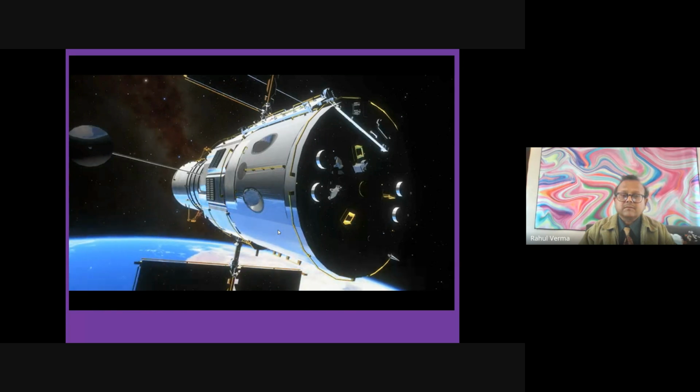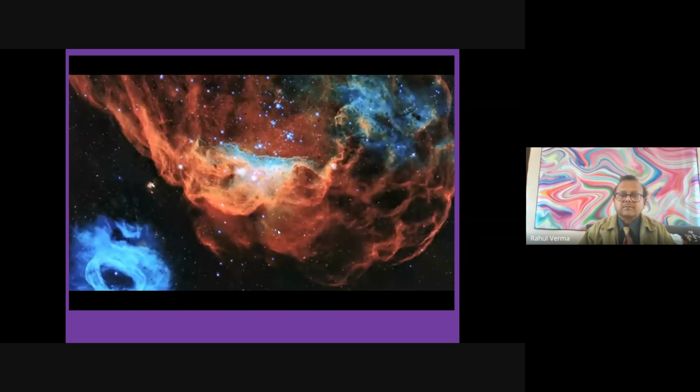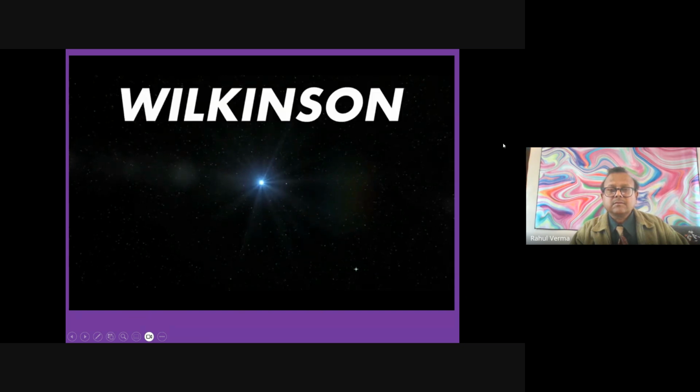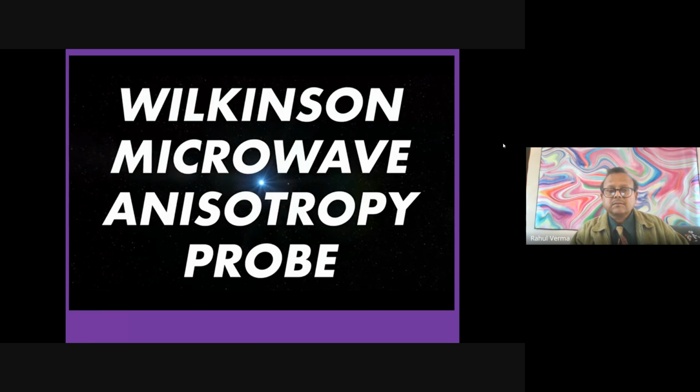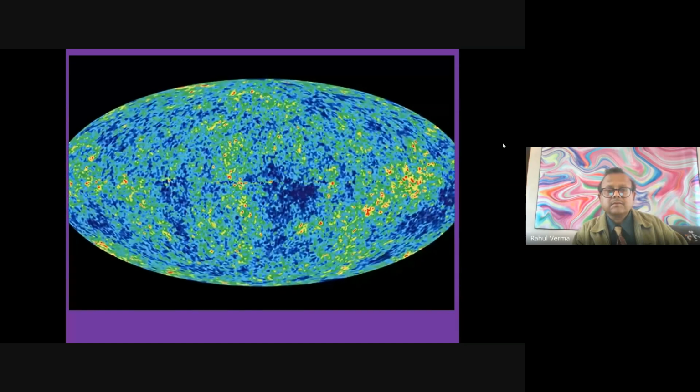For example, NASA and ESA's Hubble Space Telescope may be known for its incredible images, but did you know that its primary mission was cosmological research? While we still have a long way to go, Hubble has greatly improved our understanding of dark energy and the nature of the expanding universe. Another great discovery came from NASA's WMAP, or the Wilkinson Microwave Anisotropy Probe, which mapped tiny fluctuations in our cosmic microwave background, that ancient light left over from our early universe.